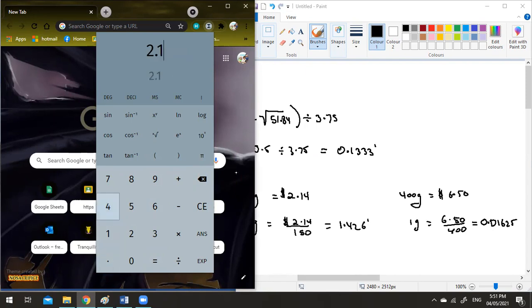Somehow I think this answer here was wrong. So 2.14 divided by 150.